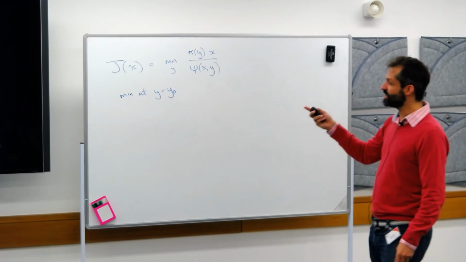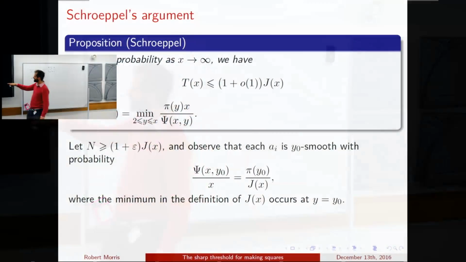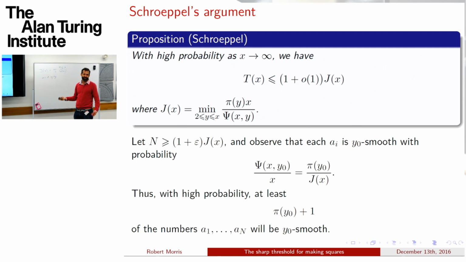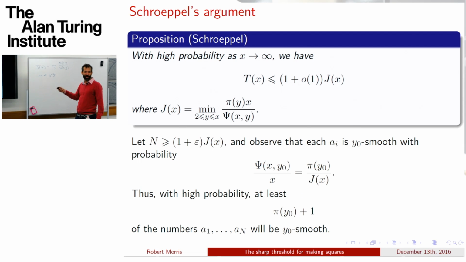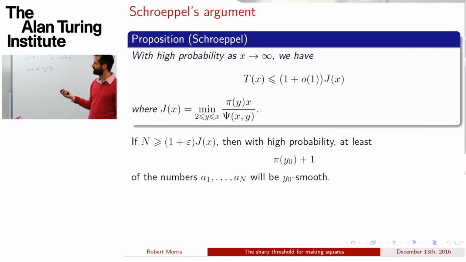Then each of these is y0 smooth with this probability independently, and by the definition of j of x, this is equal to pi of y0 over j of x, right? And you have slightly more than j of x of them, so with high probability you have more than pi of y0 that are y0 smooth. Okay, so far so easy. Okay, so it's just the same thing as I said.